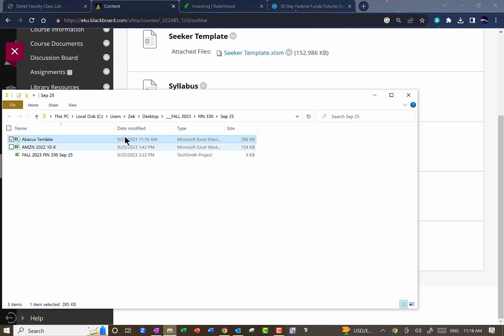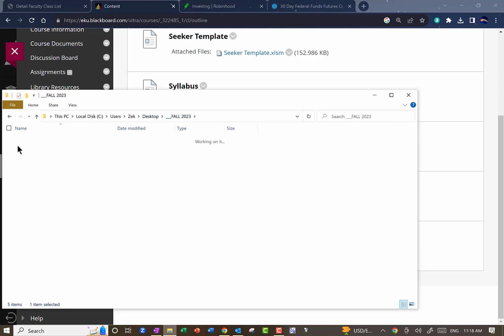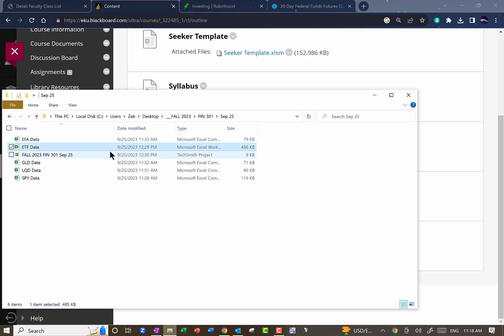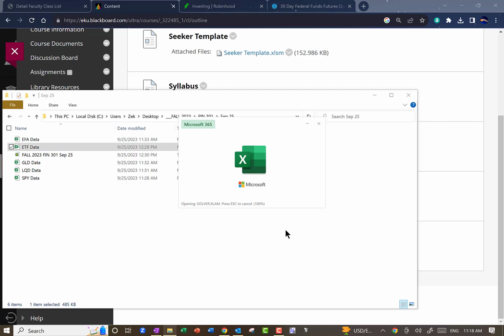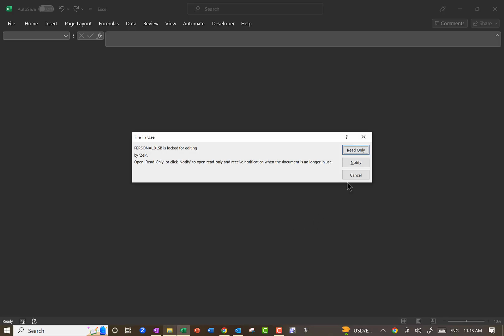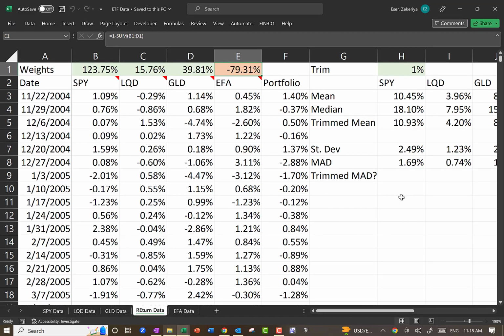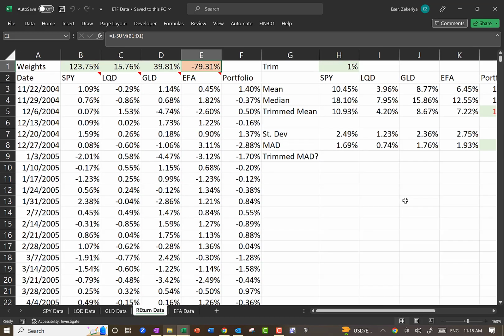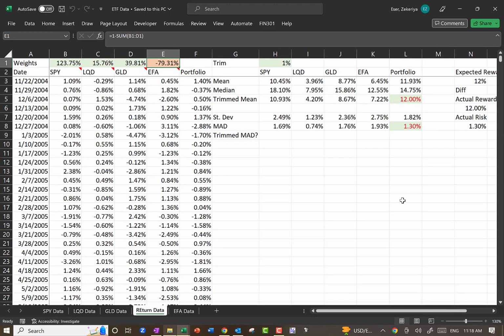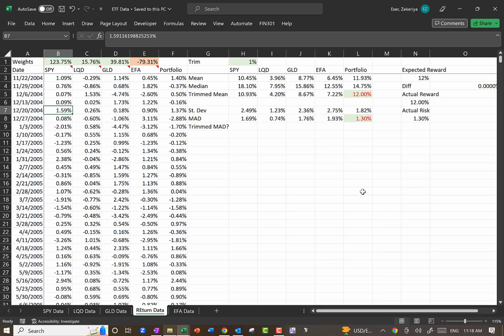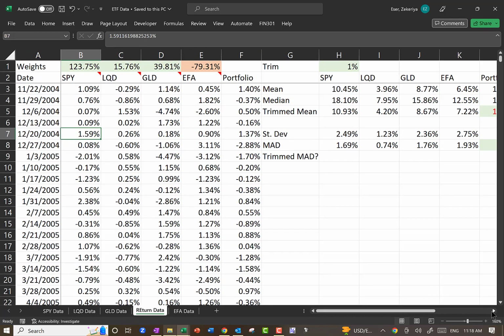It's the version of the file that we last worked with, so that we could continue from there. Okay. Actually, let me make that a bit bigger.